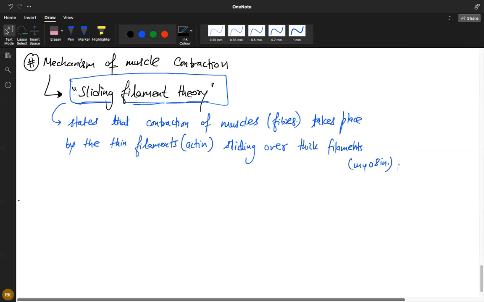Now, if this sliding is happening, there must be a signal for this function to happen in the body, right? So how does muscle contraction begin? How does the body know that? How do your leg muscles know, before you decide to stand and start walking, that now they have to start contracting and relaxing to initiate locomotion?